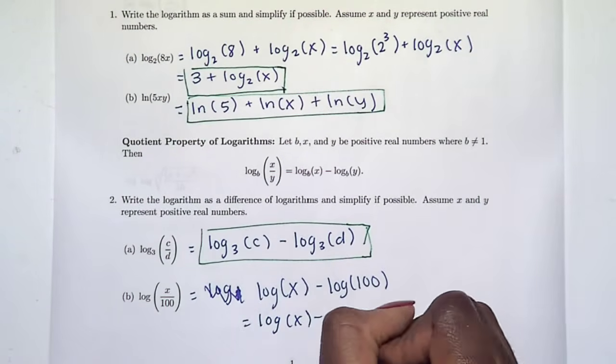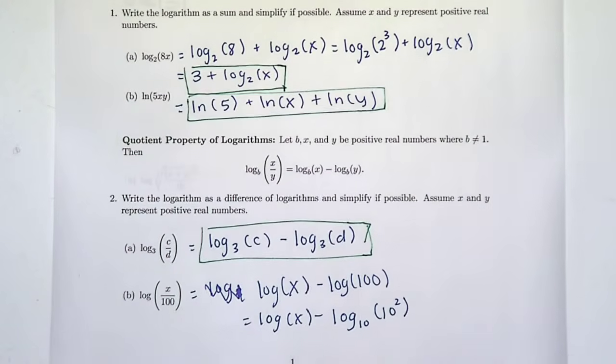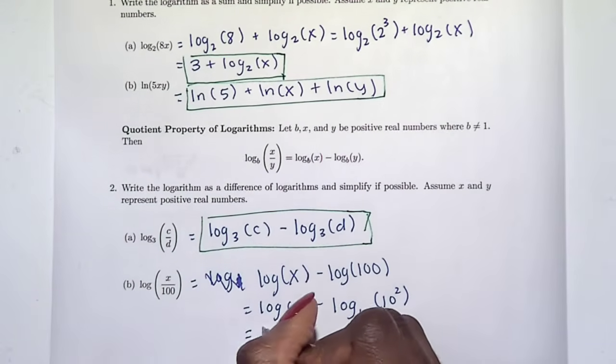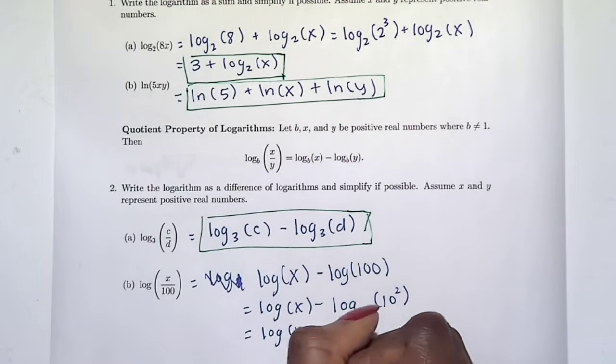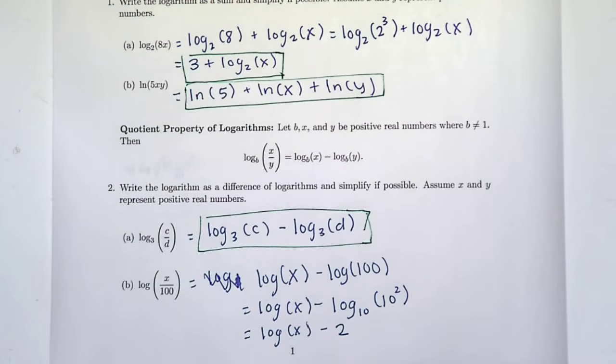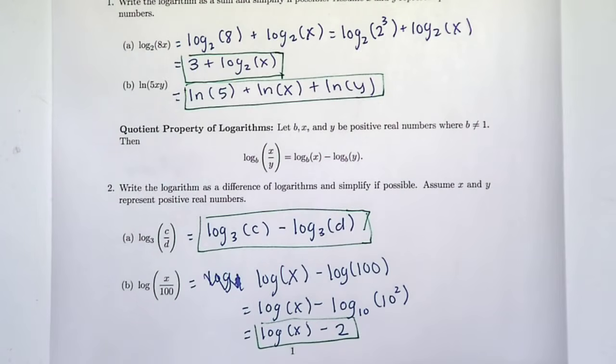This is log base 10 of 10 squared, so that gives us our 2. All right, so that's the first two properties. They're very similar. All right, let's move on to the next.